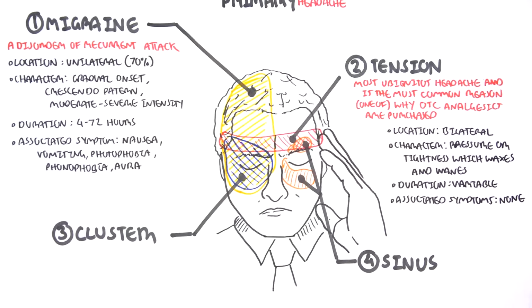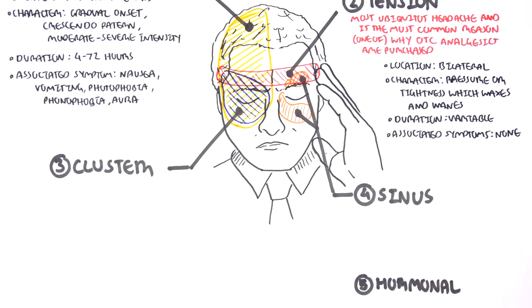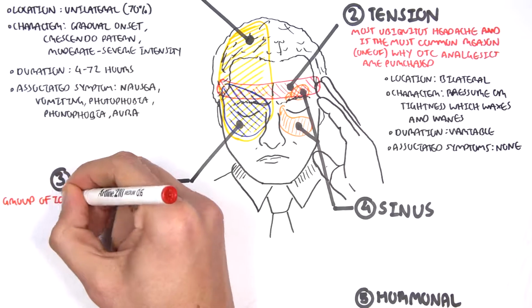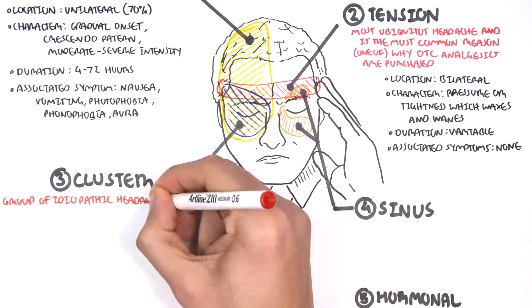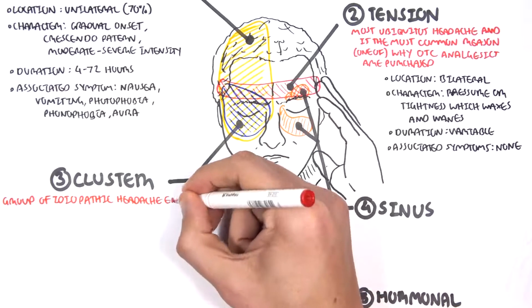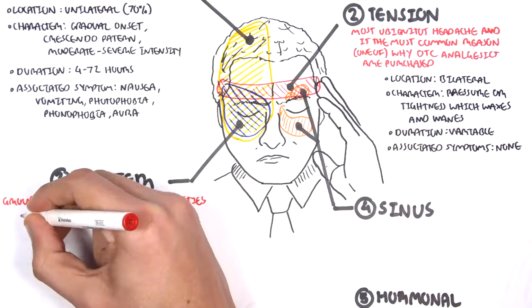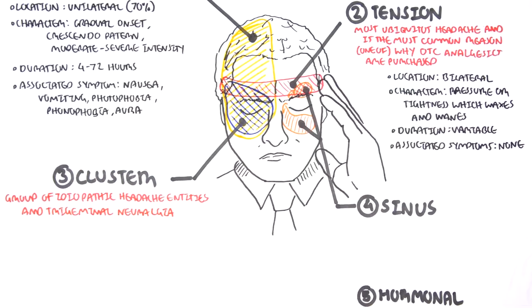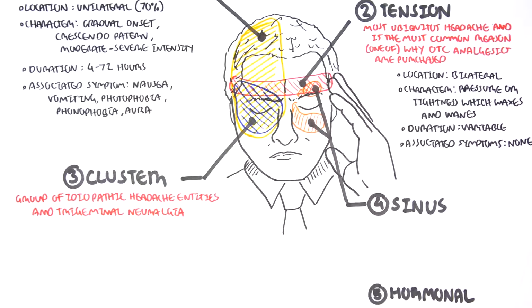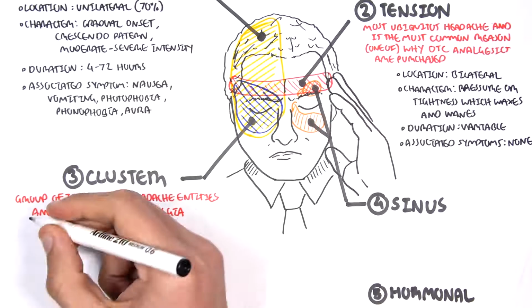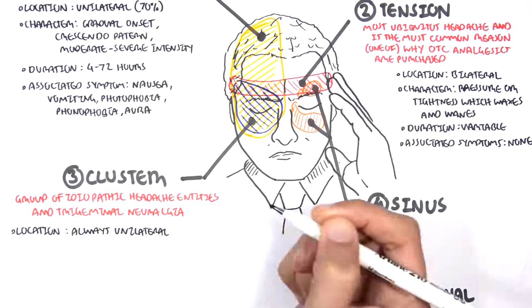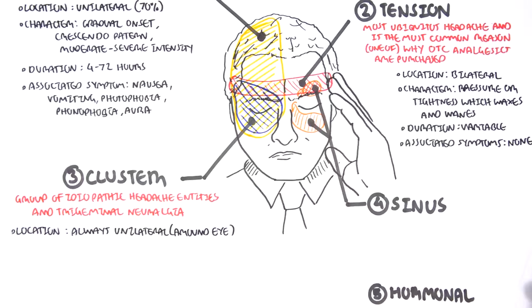Then you have the cluster headache. Cluster headaches are pretty painful. Cluster headaches are a group of idiopathic headaches that is associated also with trigeminal neuralgia. What I mean by that is the trigeminal is a nerve, the trigeminal nerve, and it's a very important cranial nerve that does many things around your face, essentially. The location of the cluster headaches is always unilateral, and it's usually around the eye.